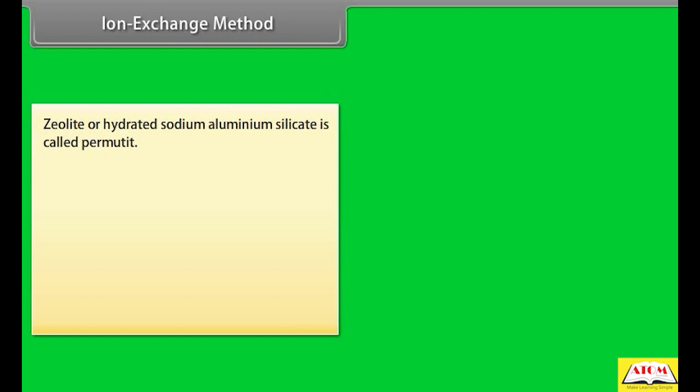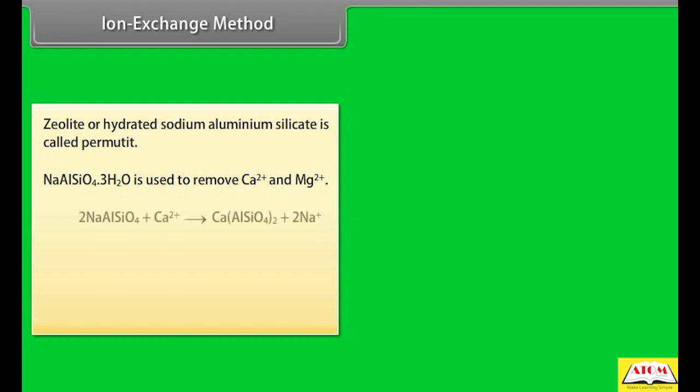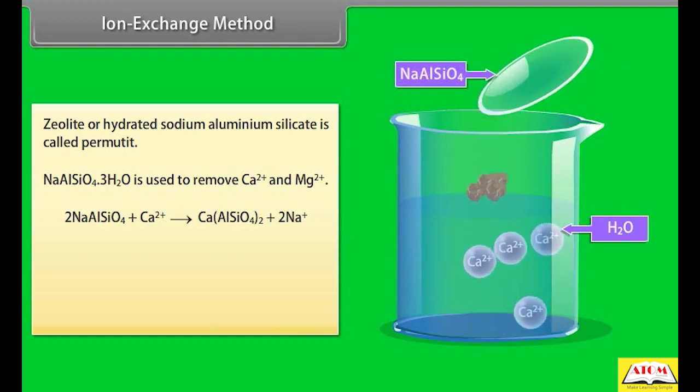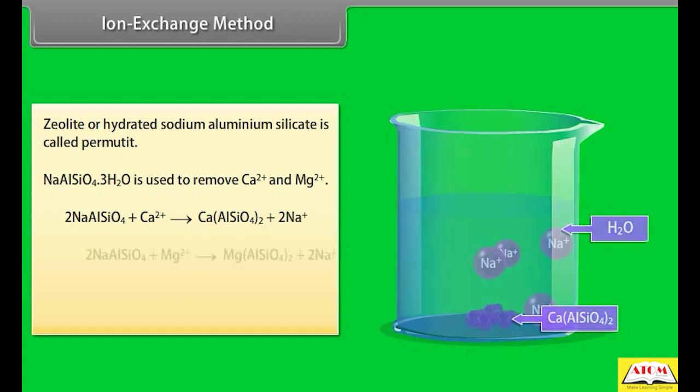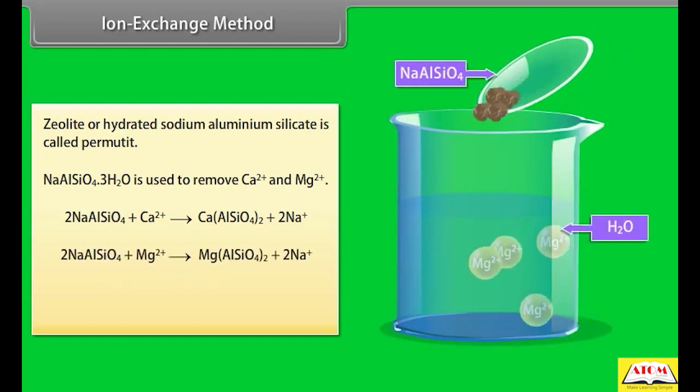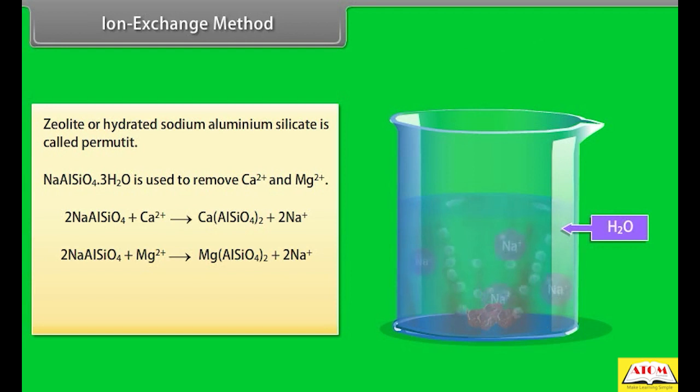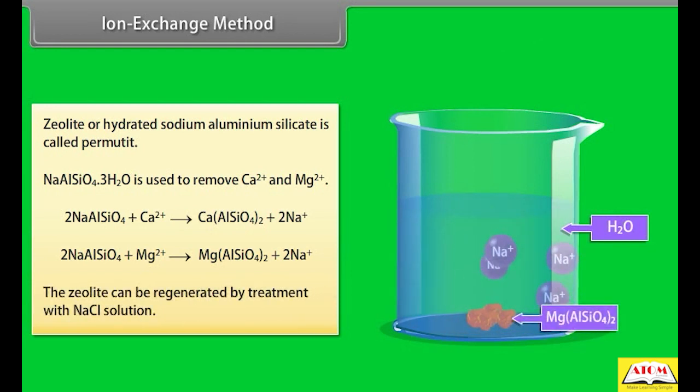Zeolite or hydrated sodium aluminium silicate is called permutit. NaAlSiO4·3H2O is used to remove Ca2+ and Mg2+. The zeolite can be regenerated by treatment with NaCl solution.